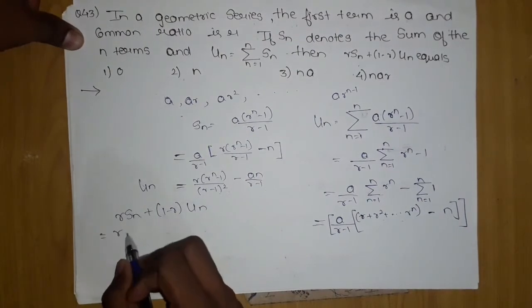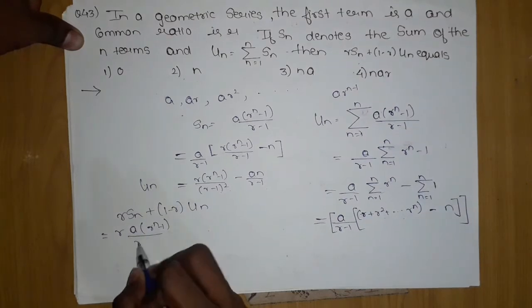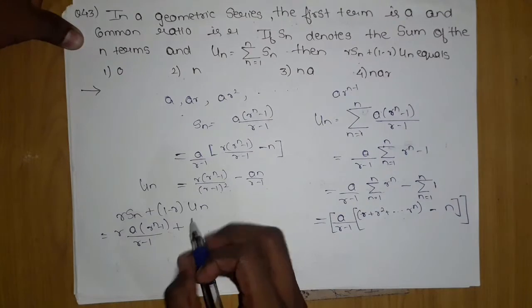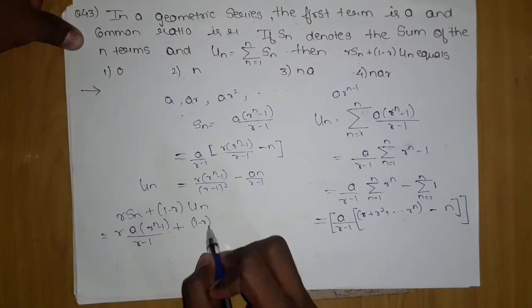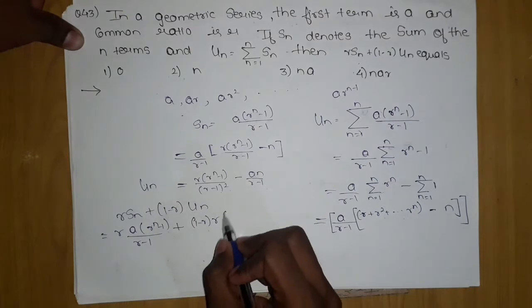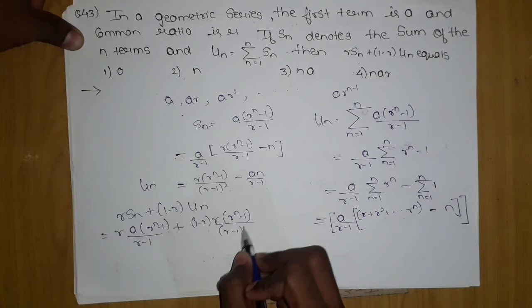R into sn is nothing but a into (r power n minus 1) upon r minus 1. R minus 1 minus r into un will be nothing but 1 minus r into r times (r power n minus 1) upon r minus 1 the whole square.